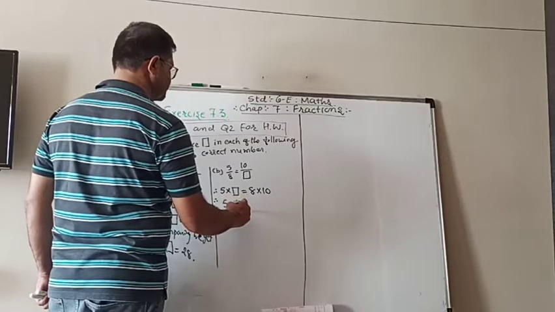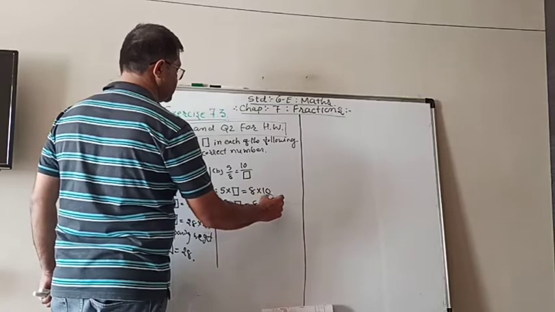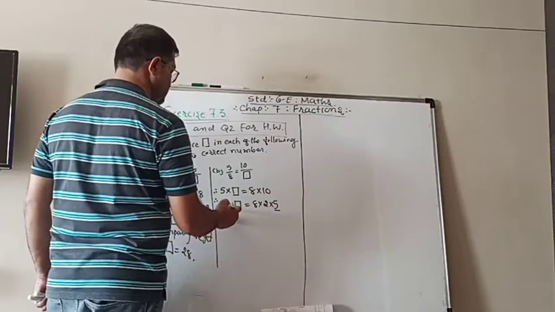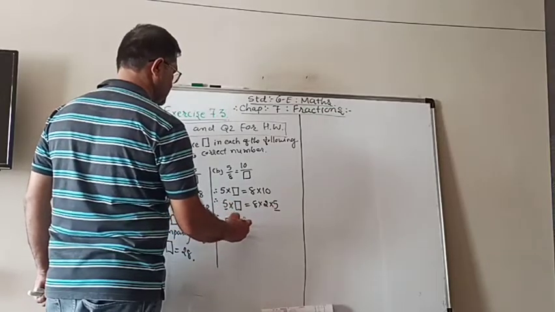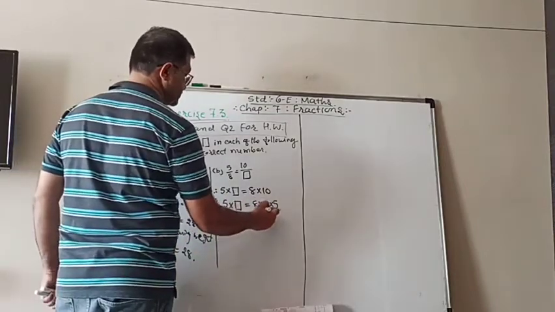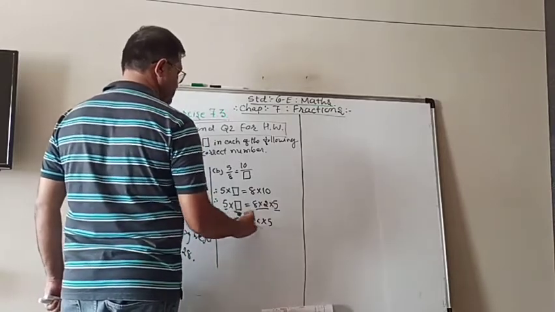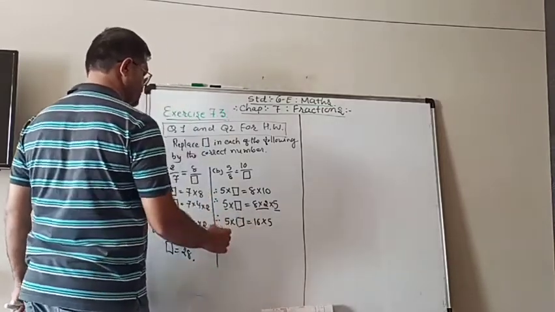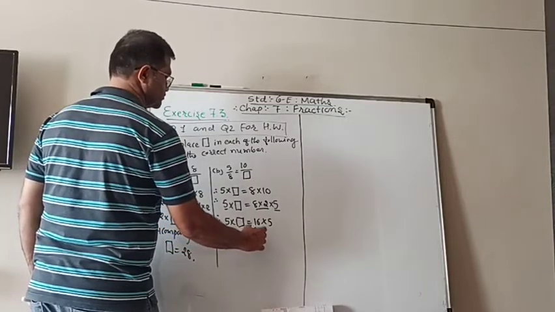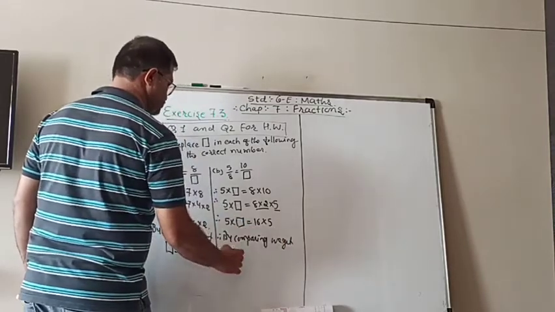So 5 cross box, 8 multiplied by 2 fives are 10. Here we will keep the 5 alone because there is 5 here. So 5 multiplied by box, 8 twos are 16, 16 multiplied by 5. Therefore by comparing, we get the box is equal to 16.